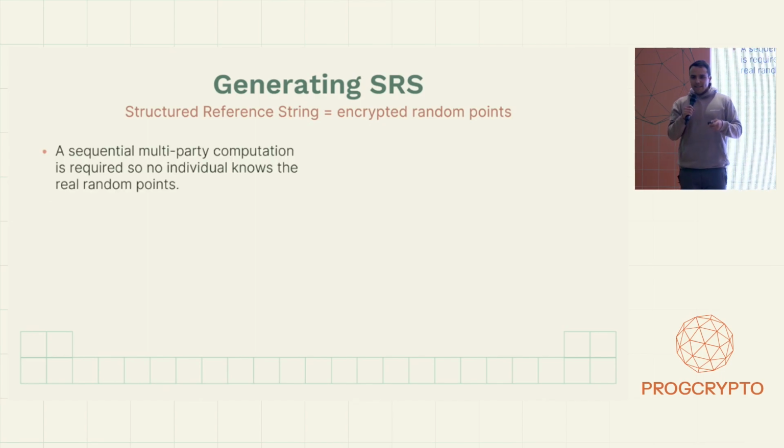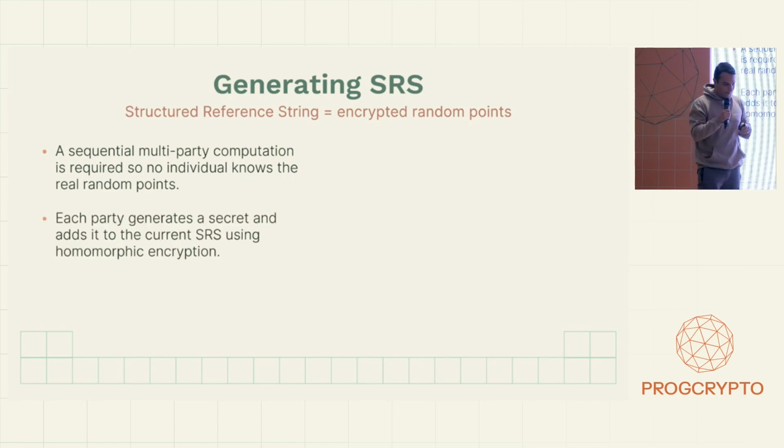The idea is that to compute this SRS, we need a sequential multi-party computation. So we need a sequencer that takes the line and keeps all the computations in sequential order.